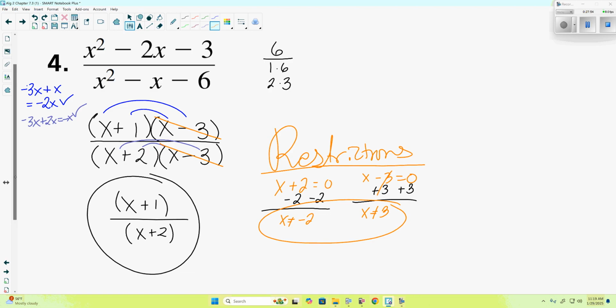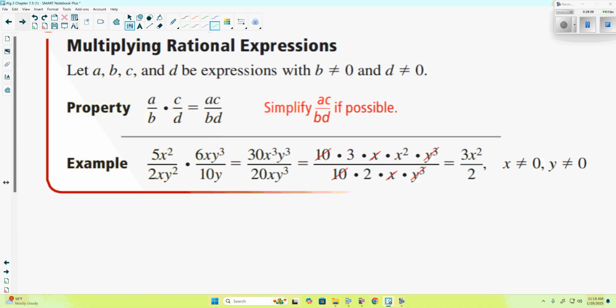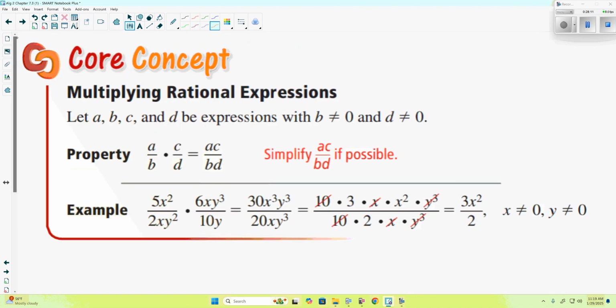If we had used 1 and 6, the 1 would have to be positive to match up with the x plus 1. Since we used 2 and 3, the 3 had to be negative to match up with our x minus 3. Otherwise, we wouldn't have anything in common. Questions on anything we've done so far before we look at multiplication?